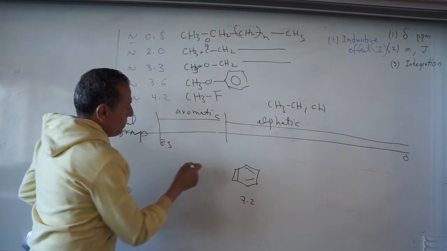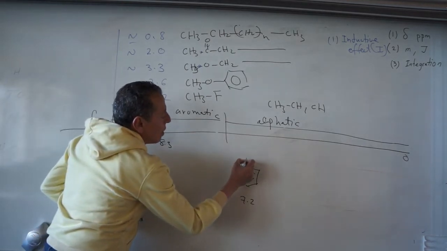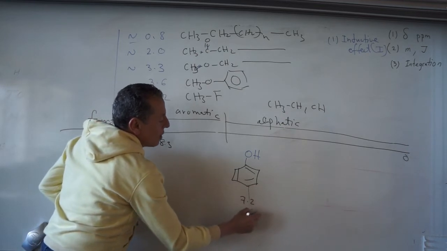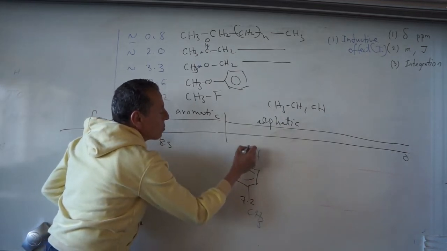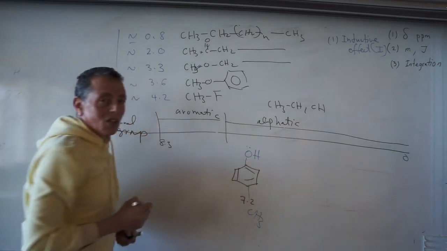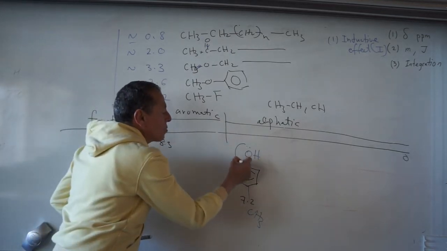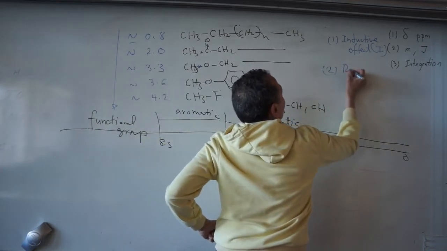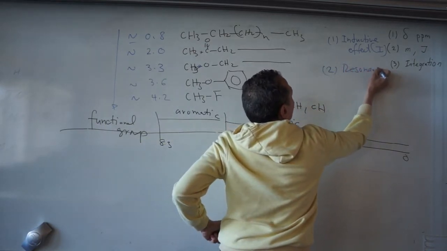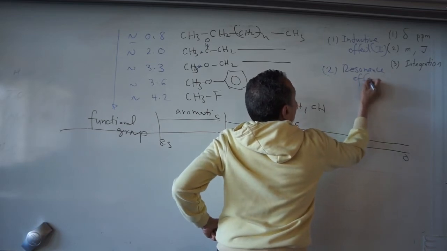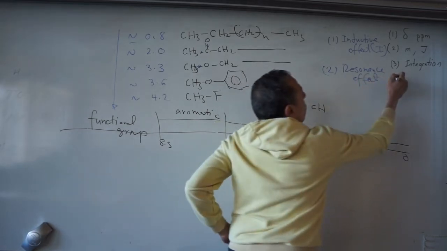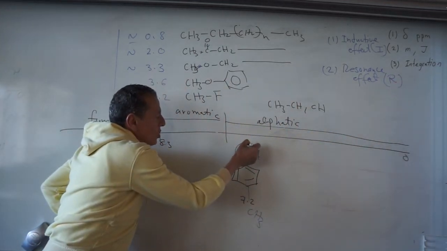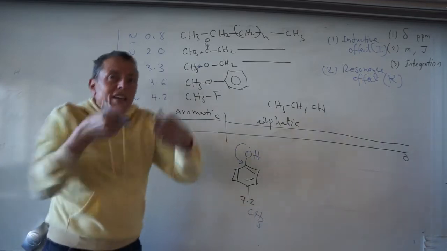What about if you put a hydroxy group here, for example? Again, oxygen has electronegativity, but it will give the electrons in this case by resonance effect. So this is the second strong effect, the resonance effect or R. R means that this oxygen will donate the electrons.